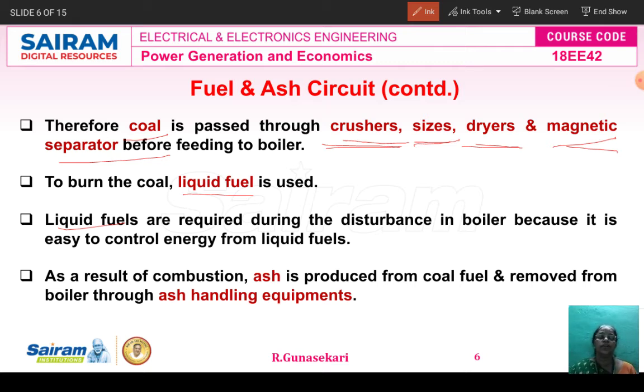After the fuel combustion process is over, the ash is produced. Then this ash is removed from the boiler through ash handling devices. This is the working operation of the fuel and air circuit.